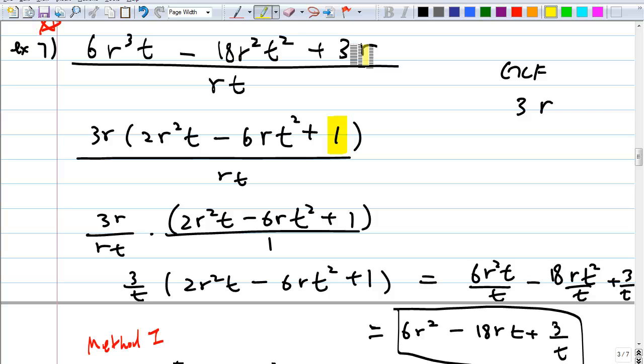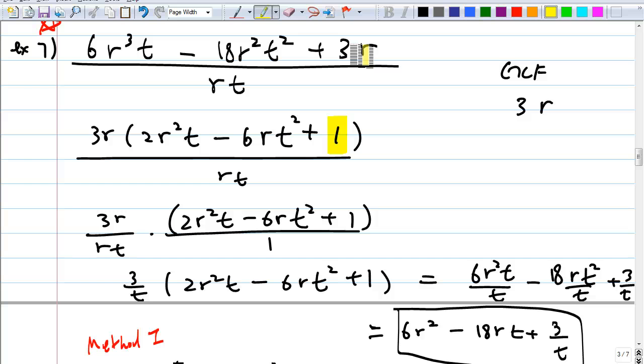How do you take out RT? Because from the numerator, you factor out RT? If you take out RT, it's going to be 6R squared minus 18RT plus 3 over T. For the last one, I just did 3R over RT, canceled it out, and I just did 6R squared minus 18RT plus 3 over T.